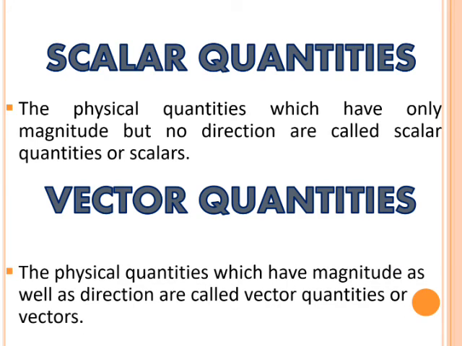The physical quantities which have magnitude as well as direction are called vector quantities, or we can simply say vectors.